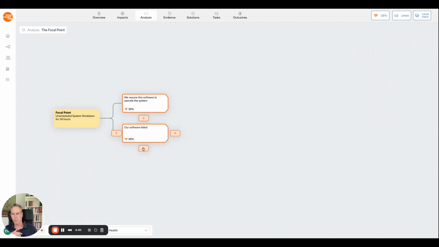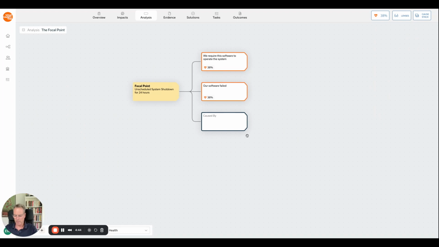So a third branch would be that the system could not be repaired for 24 hours. That tells us that we were down for 24 hours, not through any option, not through any choice. We simply could not get back on our feet for 24 hours.